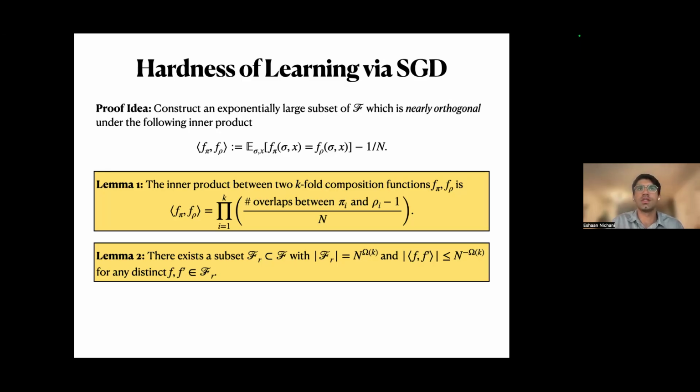And once this very large set is established, the SQ lower bound follows from standard arguments in the SQ literature, which essentially say that if you have a large set of functions that are nearly orthogonal, you need to make a lot of queries in order to rule out each one by one. So this concludes the lower bound against learning via SGD. Are there any questions about the SQ model or the high-level proof idea here?